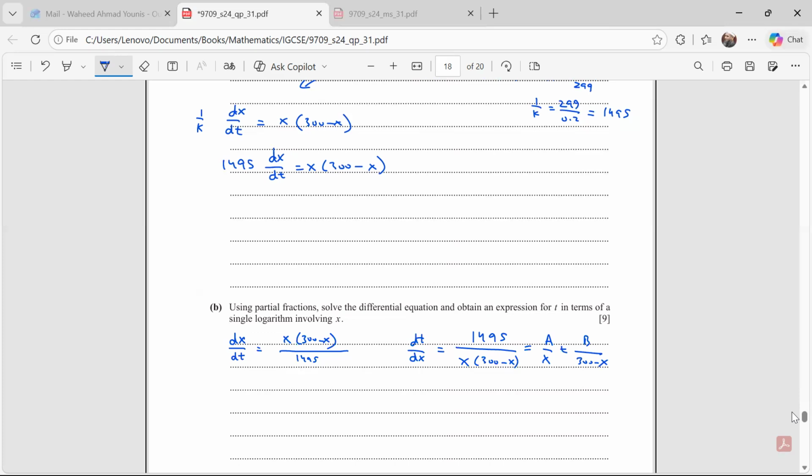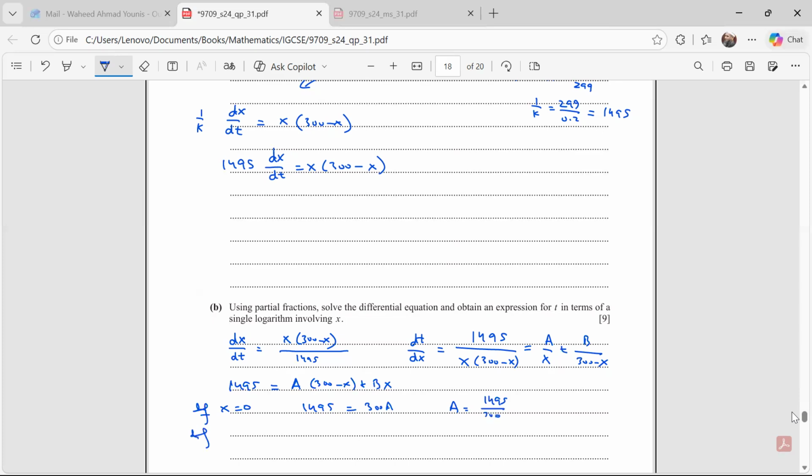So from here you can see that 1495 is equal to A times 300 minus x plus B times x only. If I put x equal to 0, I will have 1495 equals 300A, so A is equal to 1495 over 300.